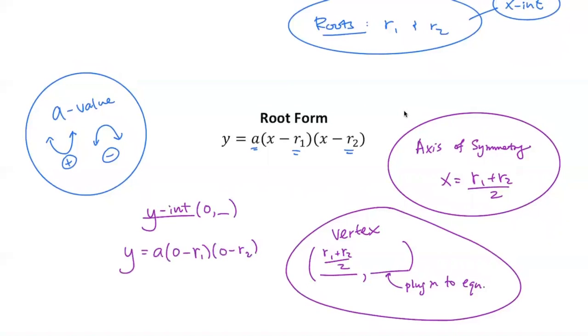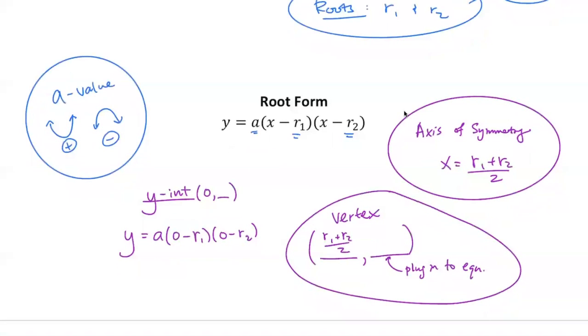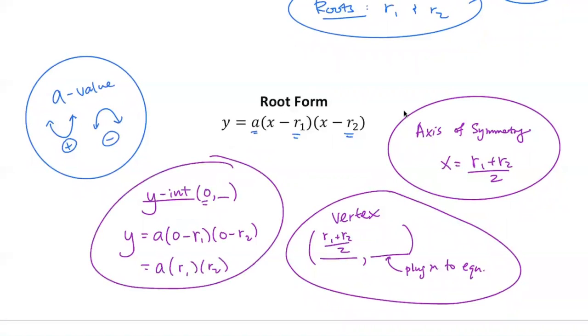Then you have just negative R1 and then negative R2, and then you can just go ahead and calculate it. So it's just a times R1 times R2. Done. That's how you can get it. Just put in 0 for x, and you can get it.